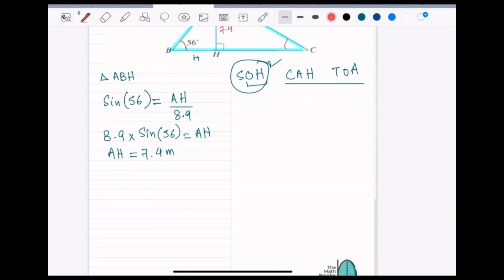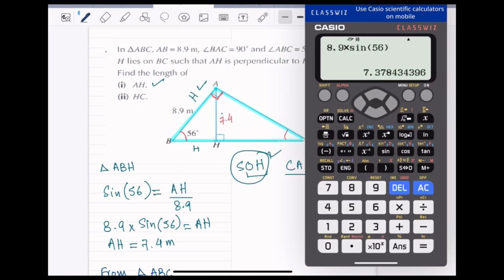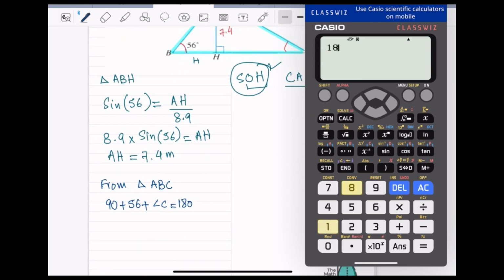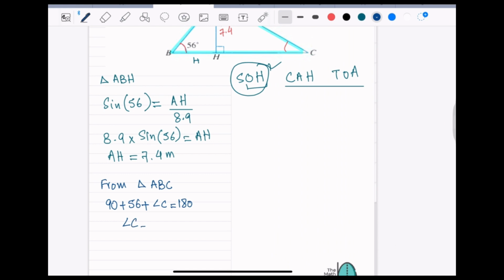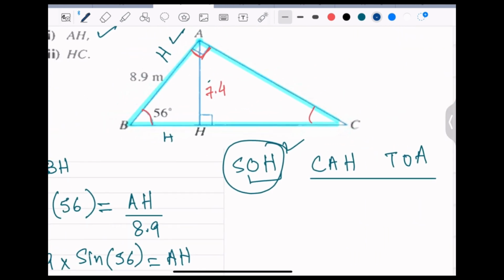So I'll write my statement from triangle ABC: 90 plus 56 plus angle C is equal to 180 degrees, since we know that the sum of all the angles in a triangle is 180 degrees. If I subtract both the angles from 180, I get angle C as 34 degrees. So this angle here is 34.